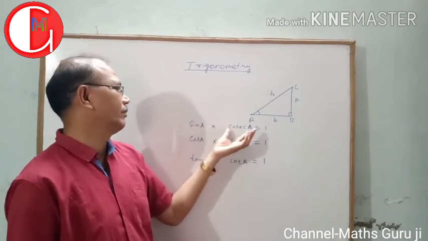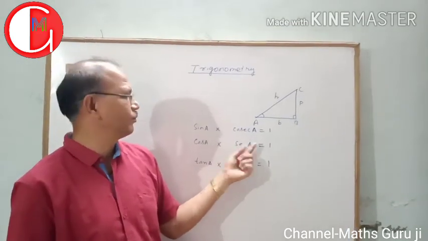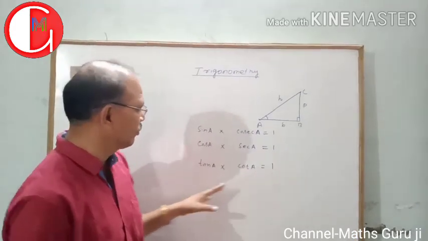We have already proved before, cos A into sec A is equal to 1. You can write this.